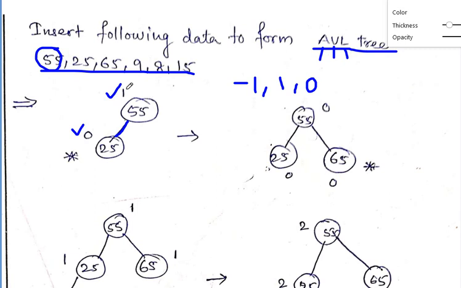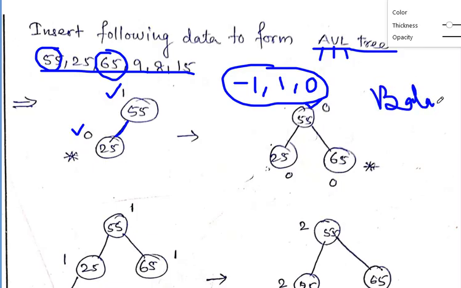Similarly, when we go for inserting the next element, let's say it is 65. Since 65 is greater than 55, it has to be to the right of 55. After insertion we need to calculate the balance factor of each and every node. If it is disturbed, meaning it is not satisfying this particular criteria, then we need to go for the balancing of the tree.